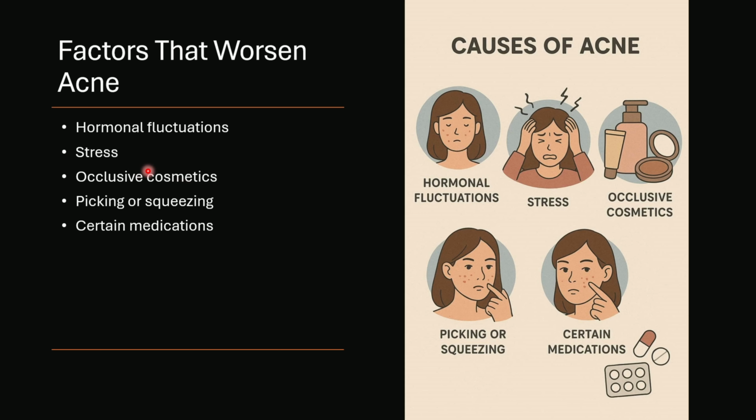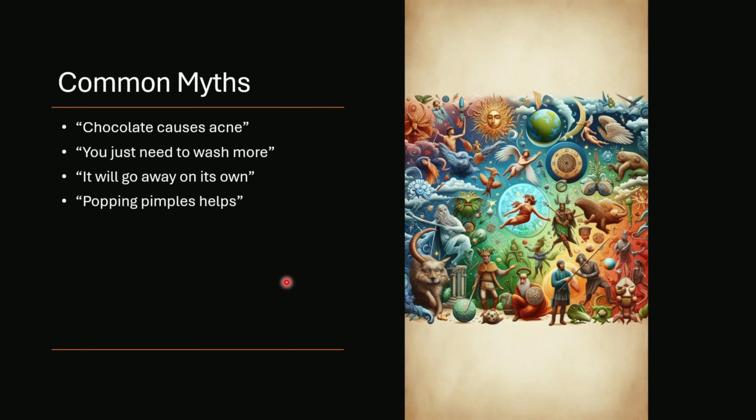Of course, stress. Cosmetics. When we choose a cosmetic, we should choose one that is not occlusive. Picking or squeezing is not very dangerous, but it can lead to a scar on the skin. And if you develop a scar on your skin, the treatment for that scar can be very difficult.